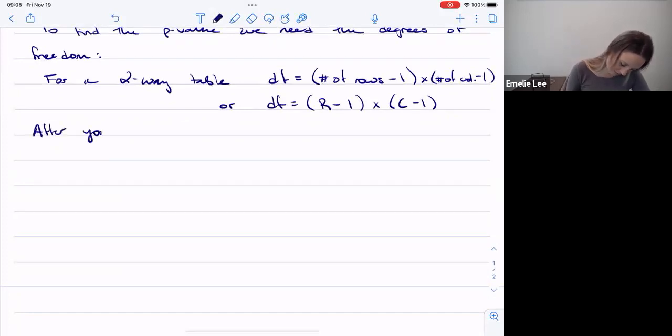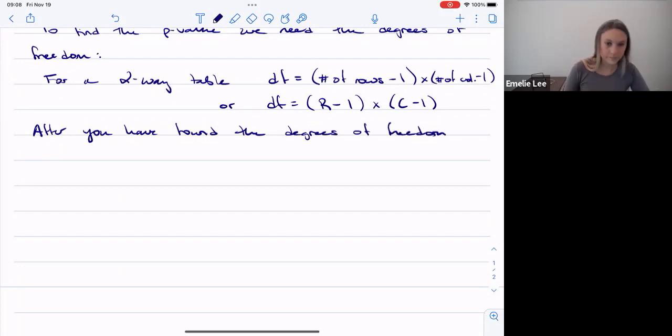After you have found the degrees of freedom, the procedure stays the exact same as it did when we first introduced the chi-squared test.